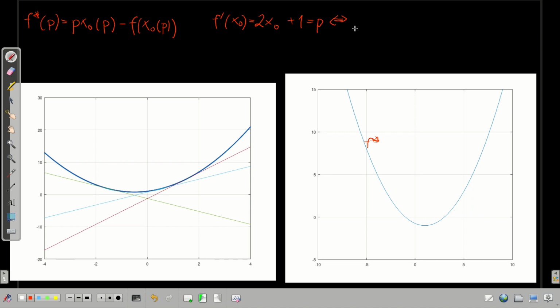But this means then that x naught equals p minus 1 divided by 2. And interestingly, this is x naught of p. So this is the first value that we need here to calculate f star for some arbitrary given p.